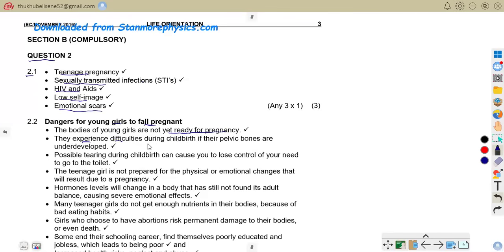They experience difficulties during childbirth if their pelvic bones are underdeveloped. So that is difficulties during childbirth.